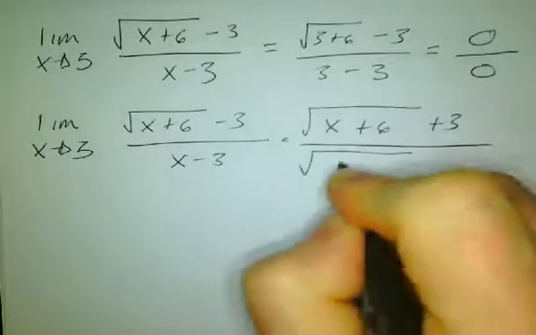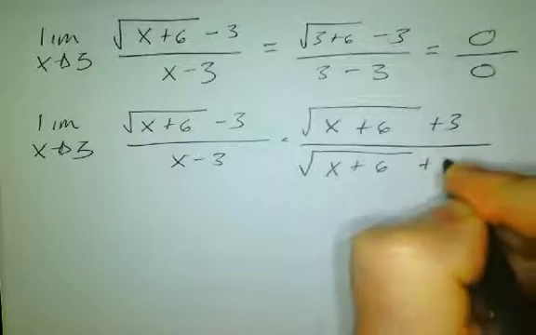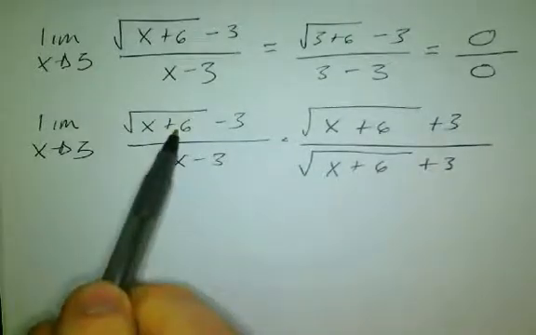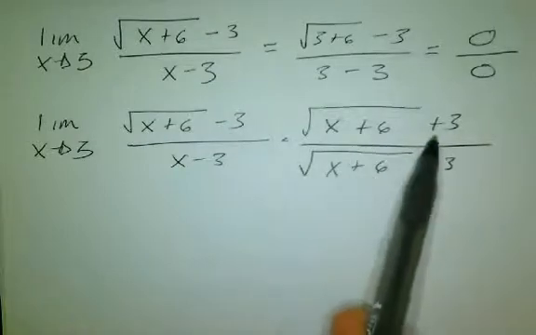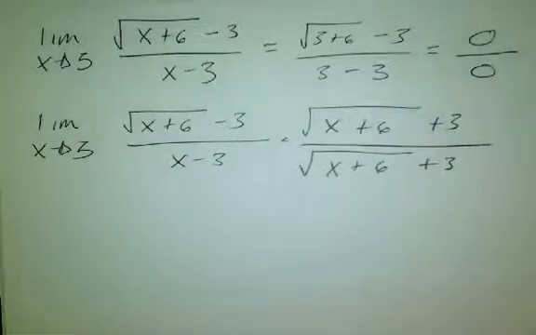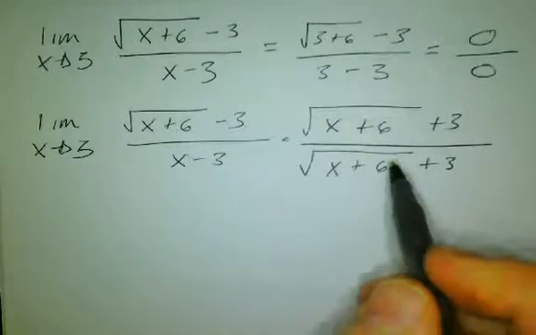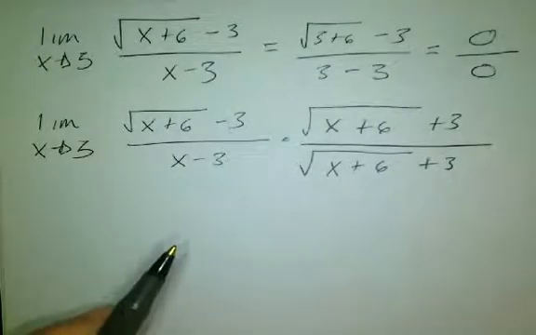What that means is, since I have the square root of x plus 6 minus 3, I make it the square root of x plus 6 plus 3. I have to multiply in the numerator and denominator because that's the same as just multiplying by 1, so it doesn't change the function.